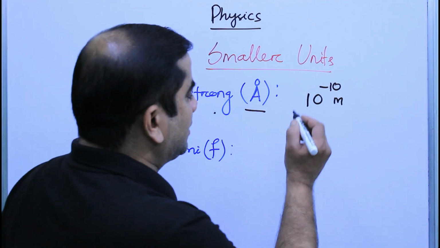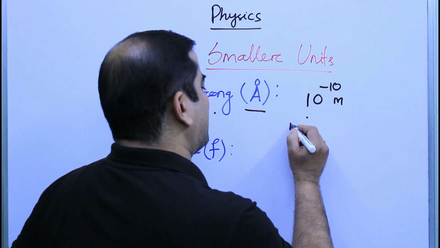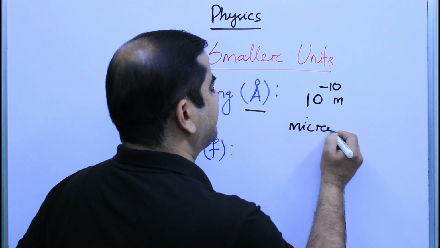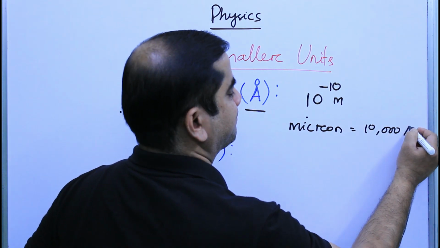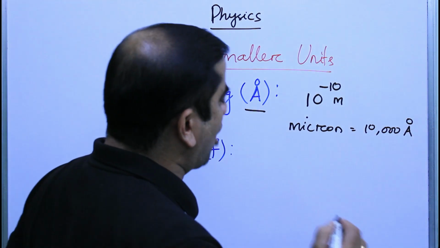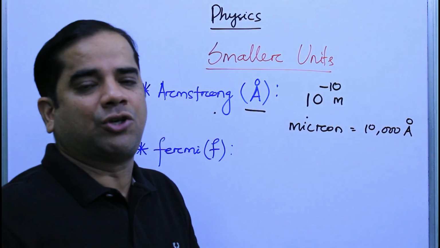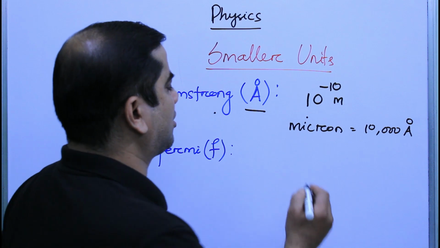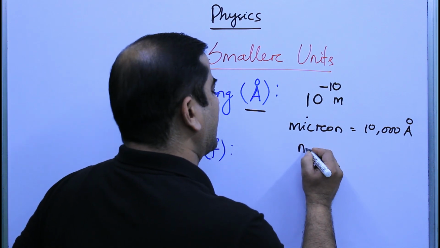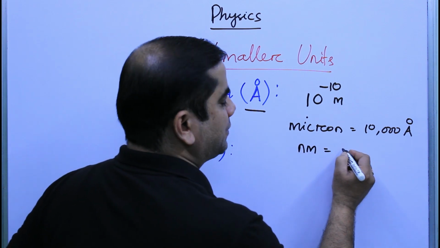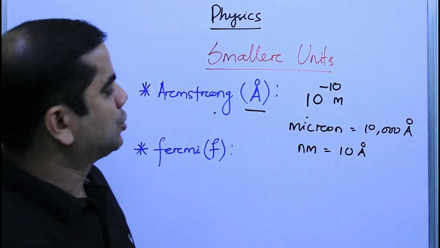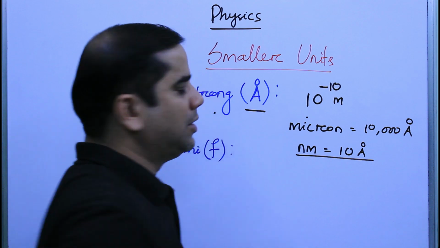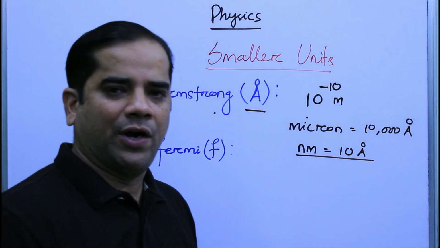And there is another unit, that is micron, that is 10,000 Armstrong. And nowadays Armstrong is actually obsolete. We don't use Armstrong, but we use nanometer instead, which value is 10 Armstrong. So nanometer is used instead of Armstrong nowadays.